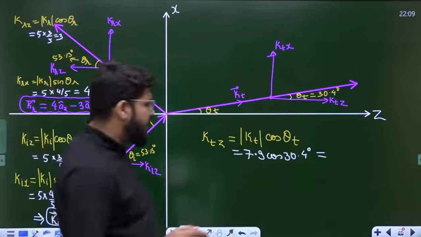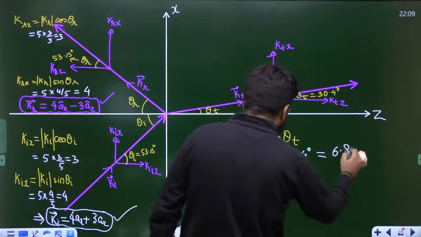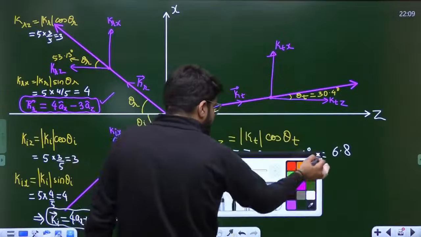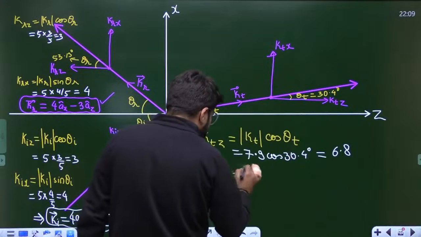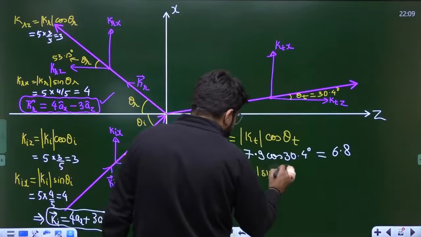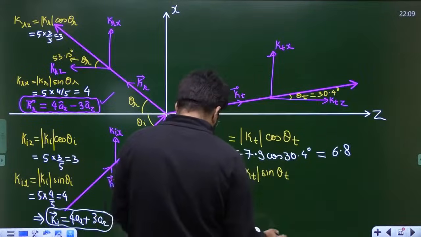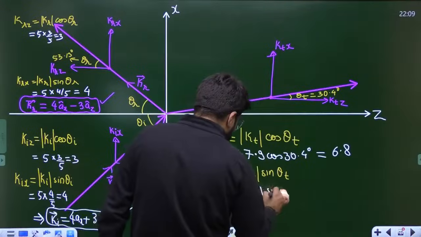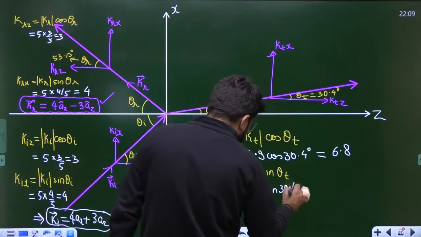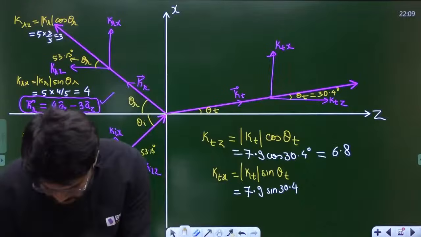And this is 6.81, approximately 6.8. And then the next thing that I need is the KTX, vertical component, and that is given by mod k into sine theta t. Mod k 7.9 into sine of 30.4.